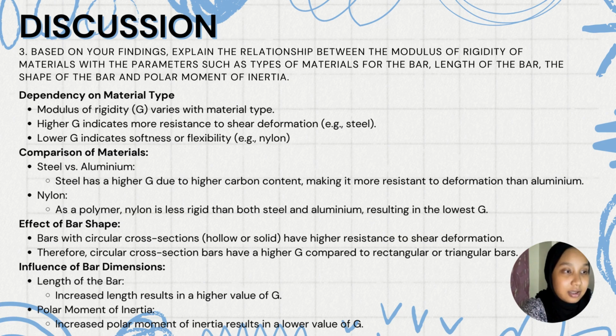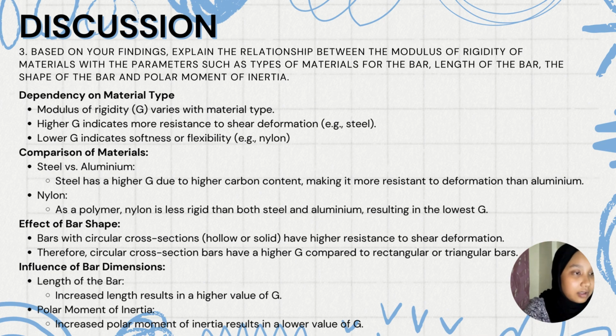And then nylon, as a polymer, is less rigid than both steel and aluminium, resulting in the lowest G. So after we talk about material, we will talk about the shape of the bar. A bar with a circular cross section, hollow or solid, has higher resistance to shear deformation. Therefore a circular cross section bar has a higher G compared to a rectangular or triangular bar.